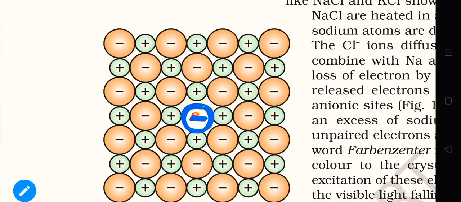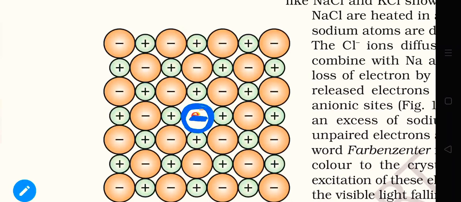Now what happens when we heat this compound in an atmosphere of metal? Let us assume this is NaCl compound or crystal, and we are heating it in Na atom vapors.